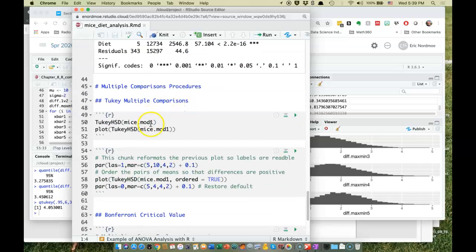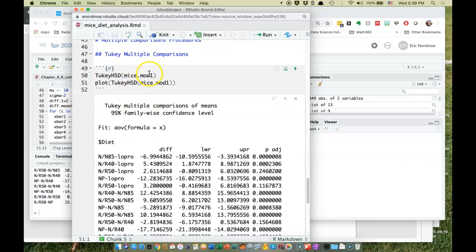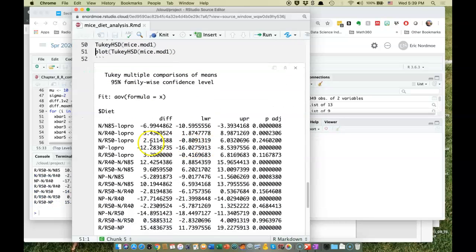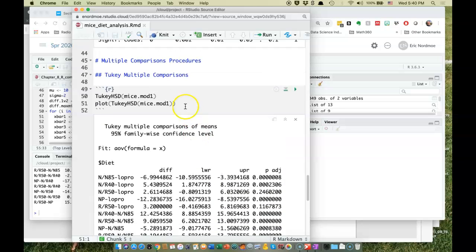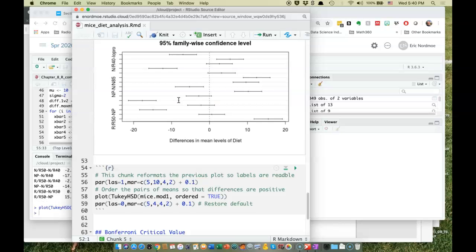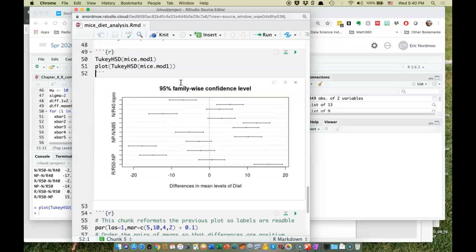If we let R do it for us, we would just run Tukey HSD, and it would compute the upper and lower endpoints for the 95% family-wise level, and it would give us a p-value for each of these comparisons. So that's really baked into the core of R, and then you can often plot it because often that's useful.